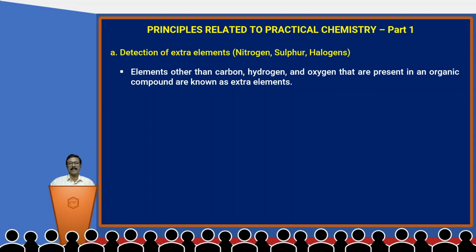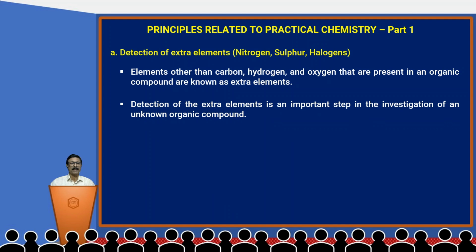There is no direct method to detect the presence of oxygen. Common elements other than carbon, hydrogen, and oxygen that are present in an organic compound are known as extra elements. These are nitrogen, sulfur, and halogens, mainly chlorine, bromine, and iodine.